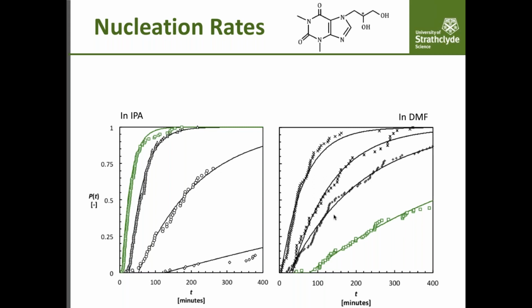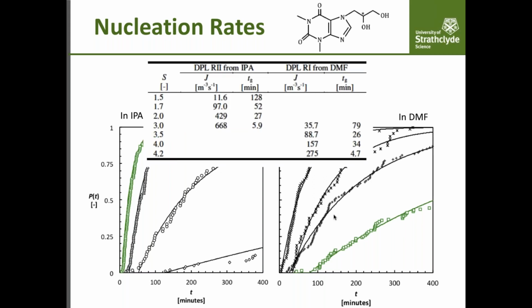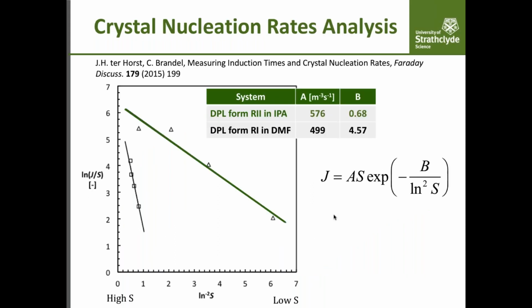So we can fit all the data to the equation to obtain the nucleation rates, and we can analyze these nucleation rates even further with classical nucleation theory, and that determines from the nucleation rate equation the A and the B values. So the A is responsible for the kinetics of the nucleation process, and the B determines the energy barrier for nucleation.